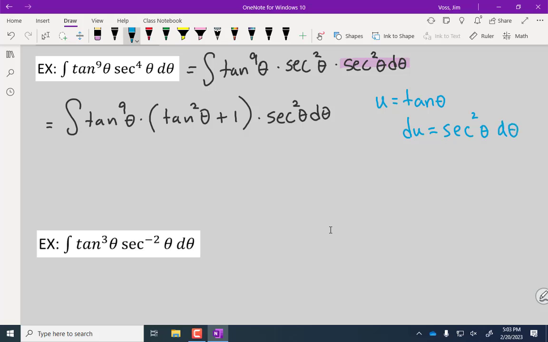So there is du right there. We will have u to the 9th times u squared plus 1 times du.